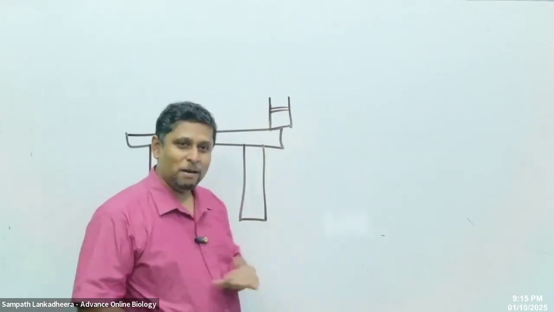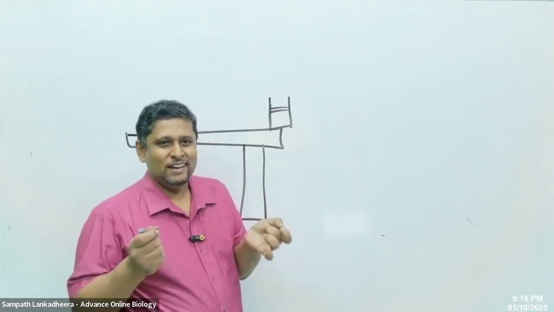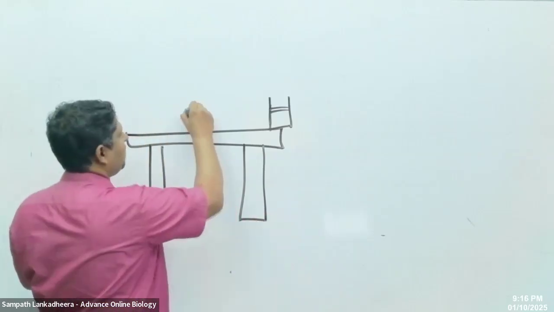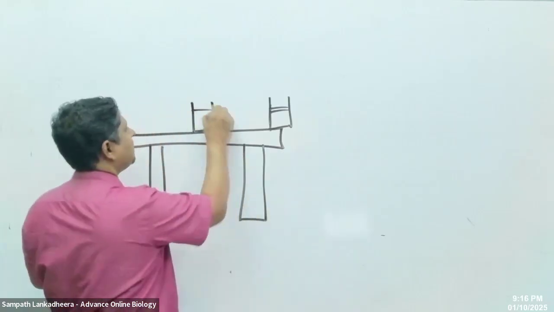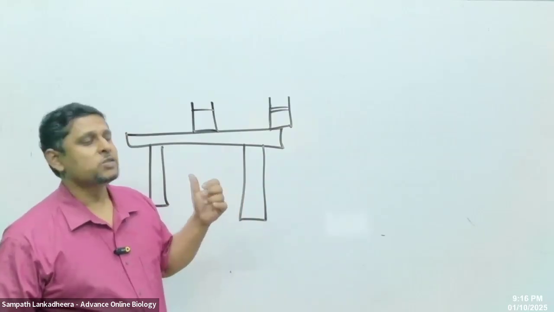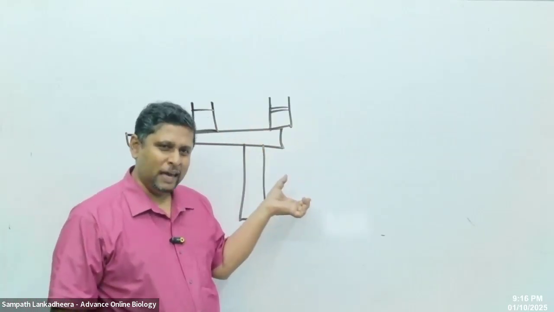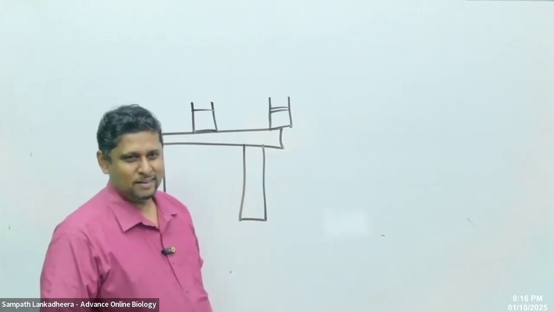For this to fall and break, it needs very minute energy. Even wind is enough. But it's not the case when you place the glass in the middle of the desk. It doesn't fall that easily. So activation energy means the energy you have to give externally for a reaction to happen.